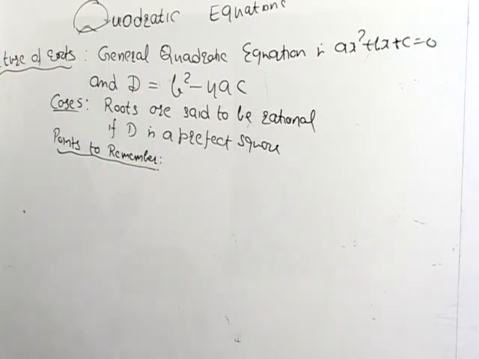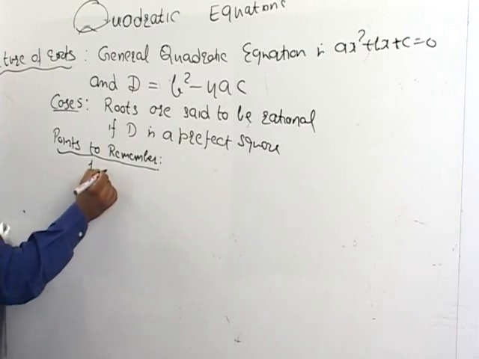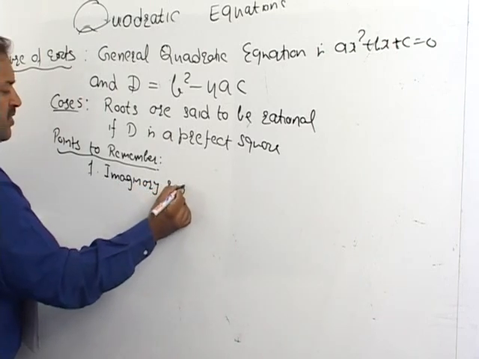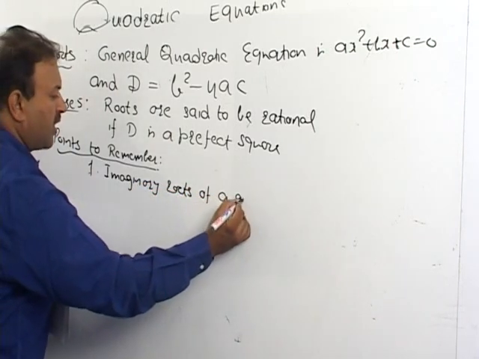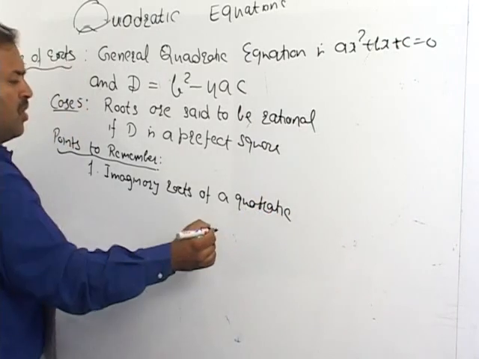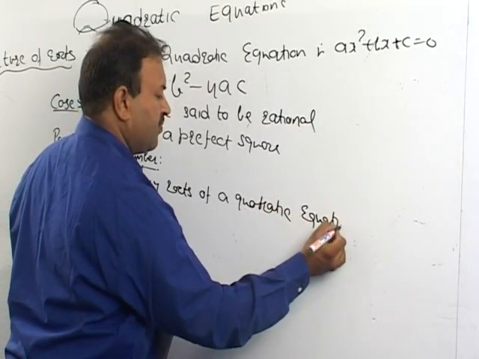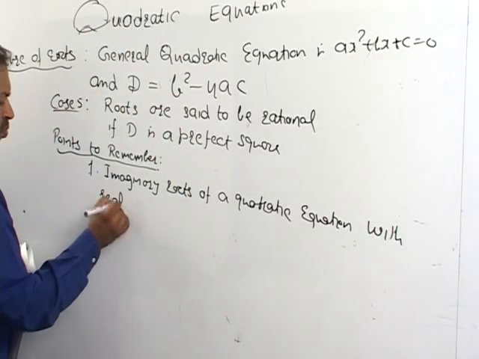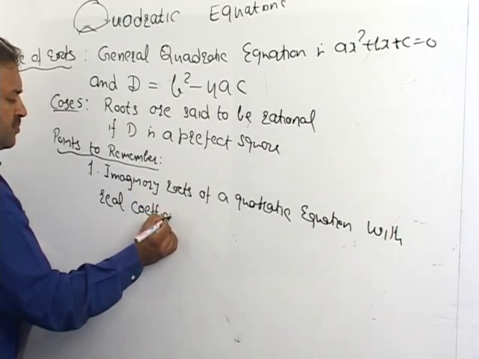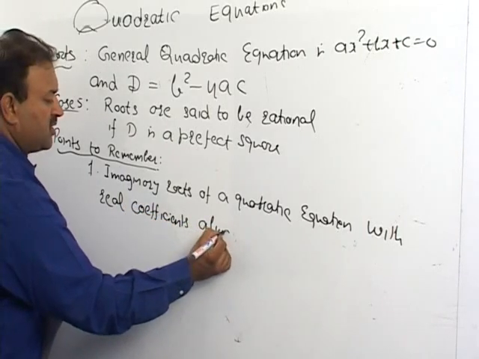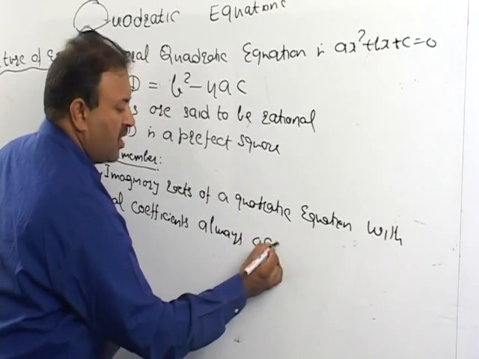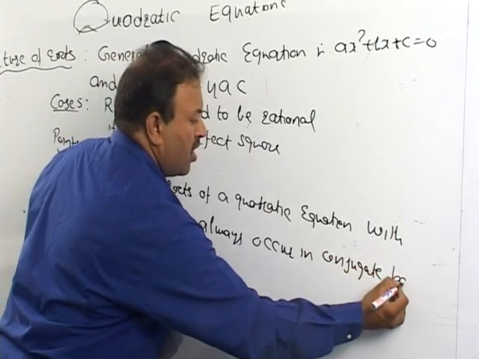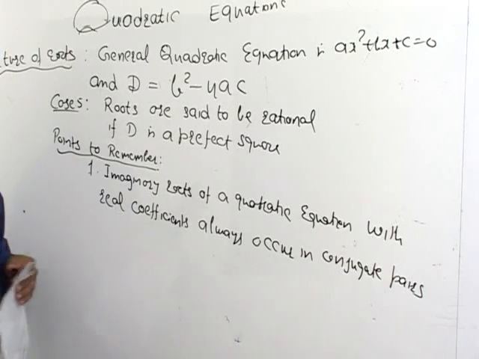Points about the nature of roots. First point: imaginary roots of a quadratic equation with real coefficients always occur in conjugate pairs.